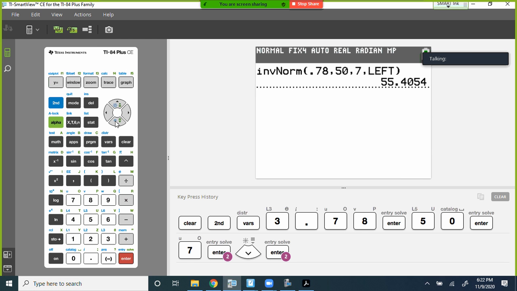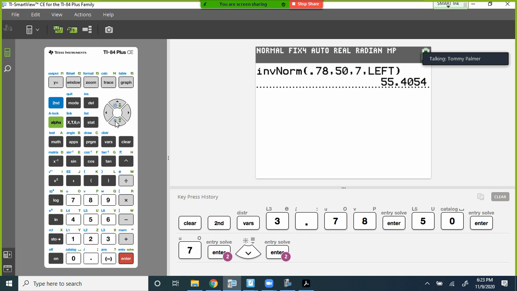It's either talking about skewness or the area, left, middle, or to the right, maybe. So it gives you a lower and an upper bound for center. But it doesn't matter. Just use left, and you'll be okay, because what you're dealing with is area to the left.